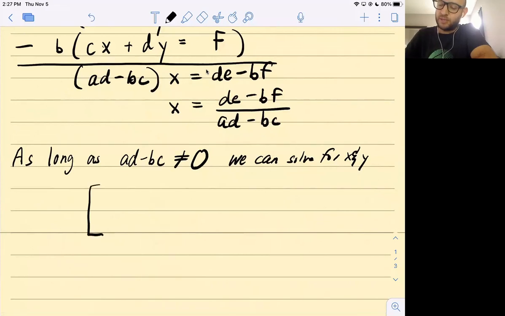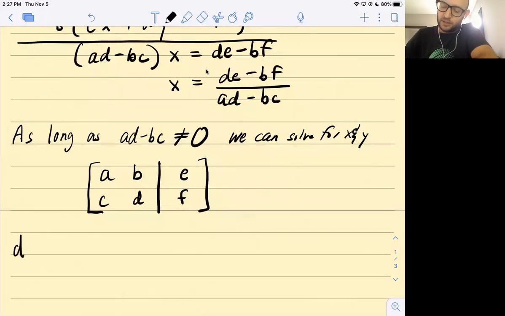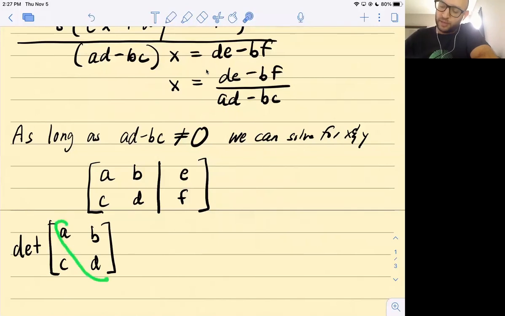So if you write a system like this, A, B, C, D, E, F, we define the determinant of a matrix, A, B, C, D as this cross multiplying thing, kind of, where you multiply this diagonal AD and you subtract this diagonal. Maybe I'll do it in colors.